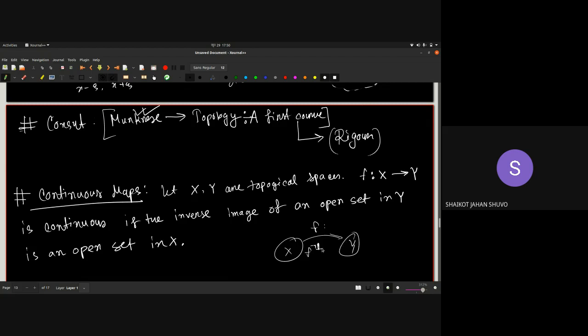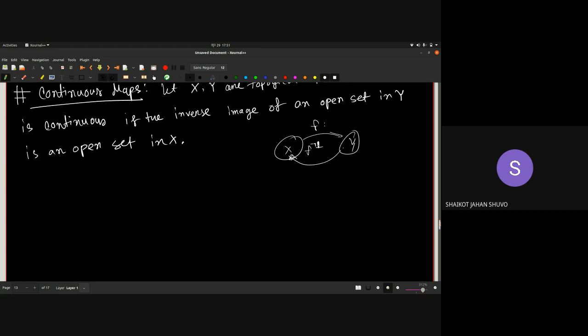Well, it maps something from your topological space Y to topological space X. So the open sets in Y under the mapping F inverse will also be open in X. Okay, that's the definition of a continuous map.